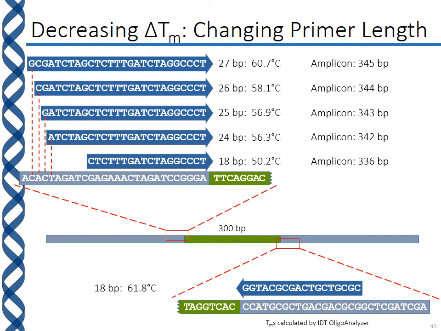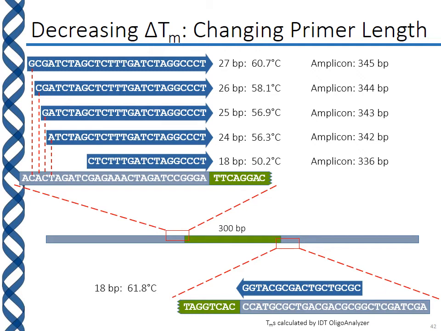If you don't have the flexibility to move your primers, you can just extend them out a little bit. And so in this particular example, I increased the length of the forward primer.